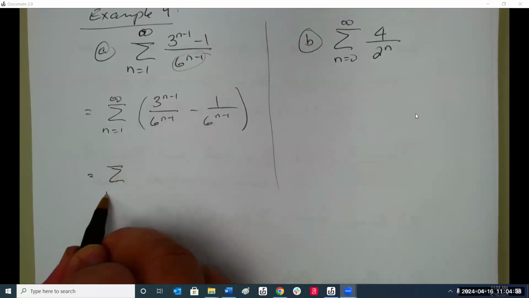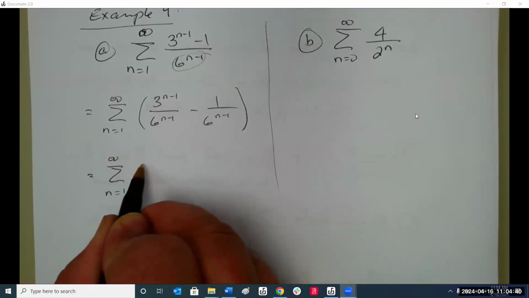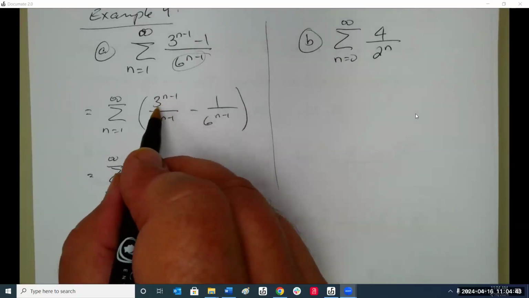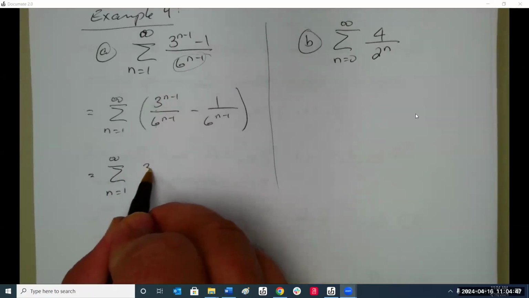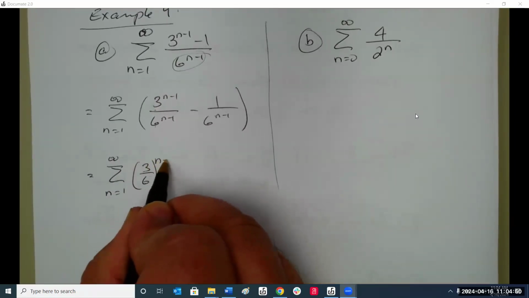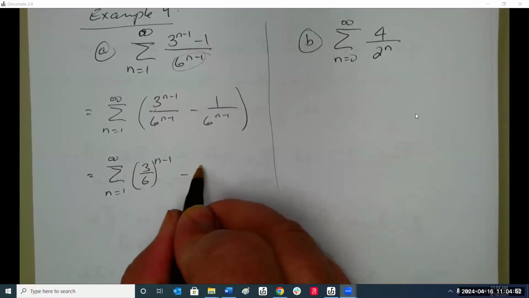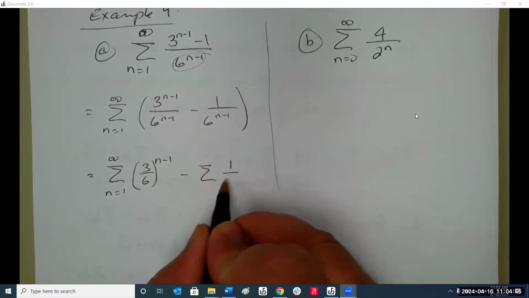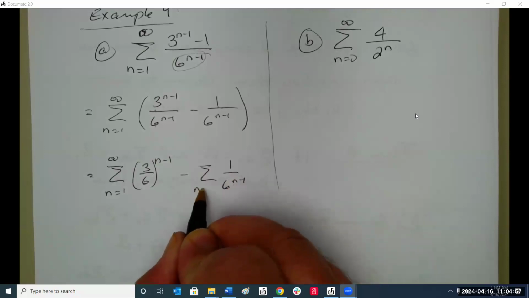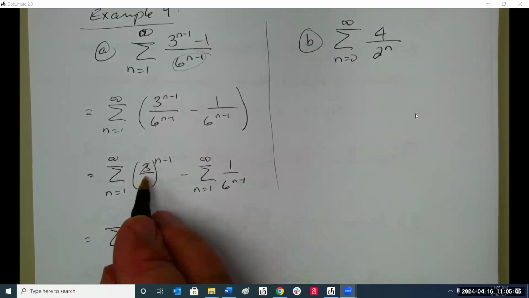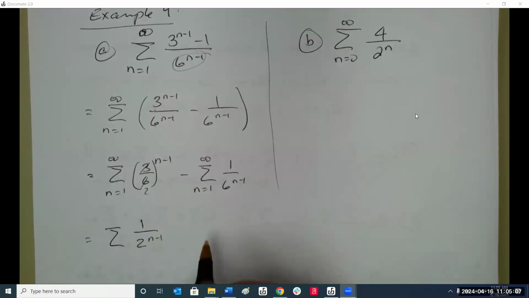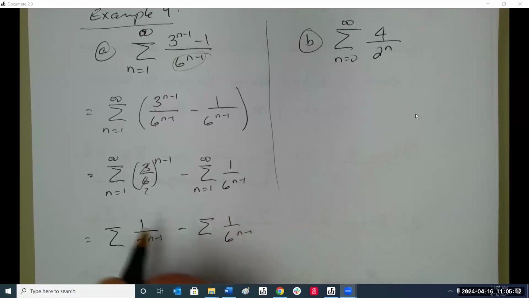And since it's a difference rule, we can. So we have 3 of those. So it becomes 3/6^(n-1). So it's (1/2)^(n-1) minus (1/6)^(n-1).